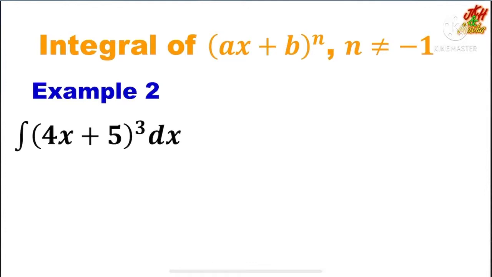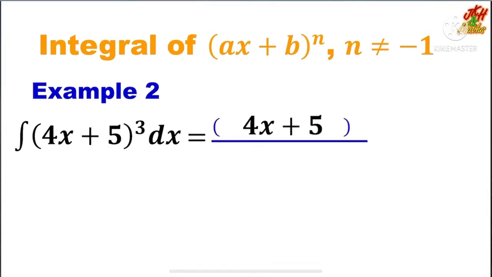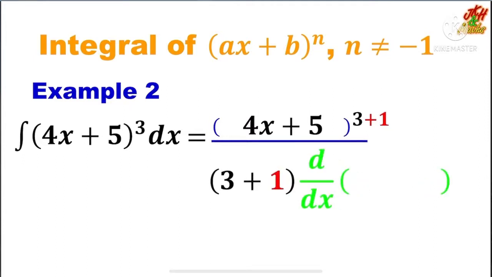We integrate 4x. When we integrate the function in the bracket, 4x plus 5 raised to the power of 3 with respect to x, it is equal to, so we put the function 4x plus 5 in the bracket and the power we add 1, so we put the new power on the denominator, then we differentiate 4x plus 5 with respect to x, giving us the value of 4.